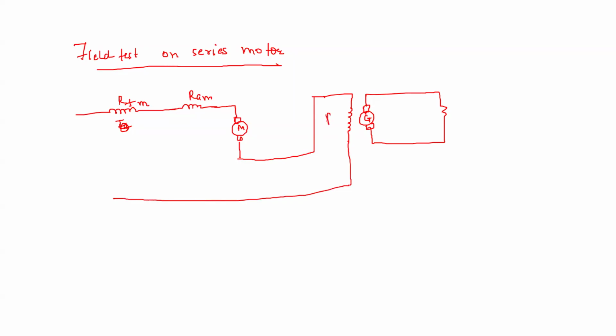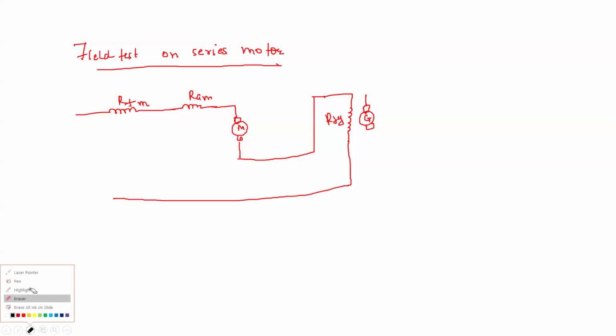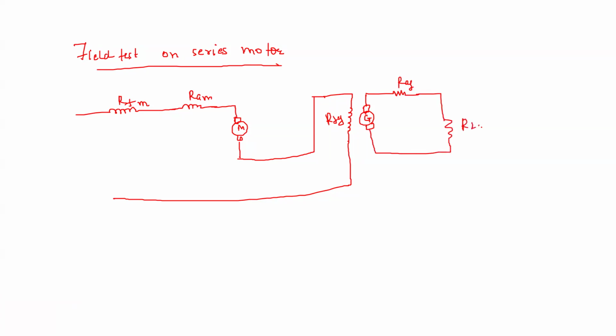So this is RFG, and then you have RFM. Then RFG and RAG. And this is the external resistance which you have put, let us say this is R load. You are giving it a V supply.